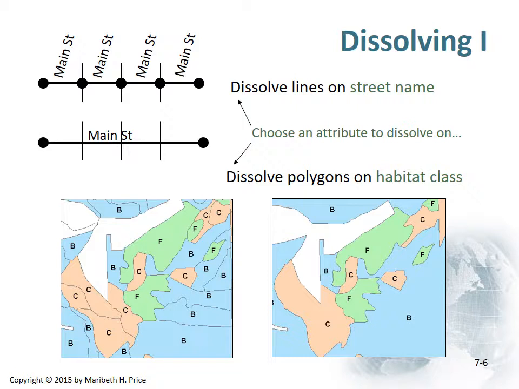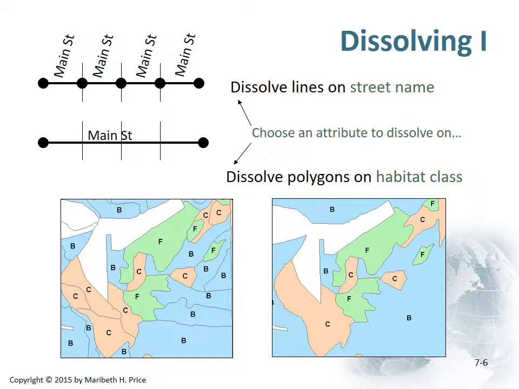So Main Street here, with all those different node locations, the different line segments, but they're all Main Street, become a single line with one start node and one end node instead of having all the vertices in between. So literally dissolving the feature. It's still there, but we're simplifying it by getting rid of all the multiple entries at those different intersections.